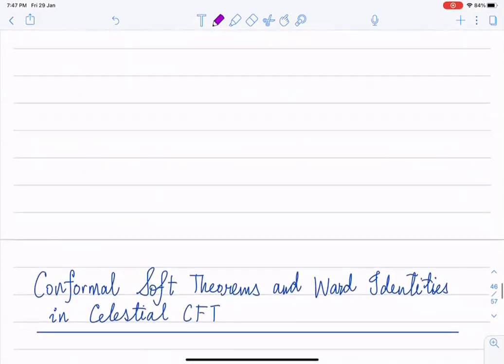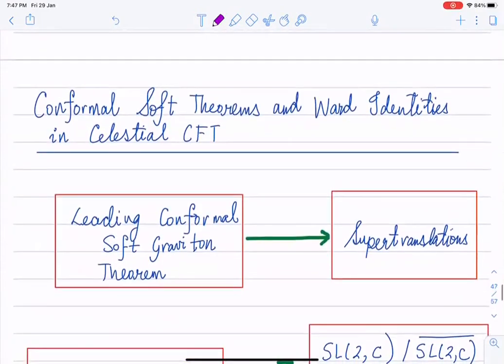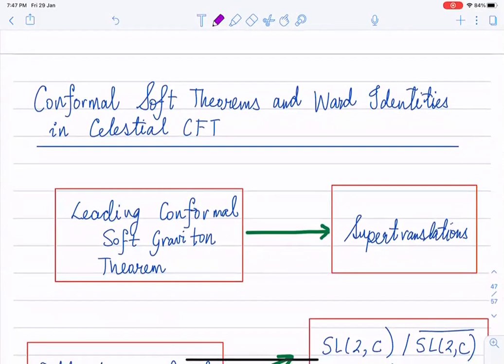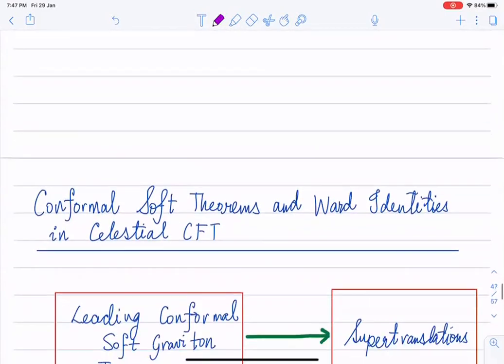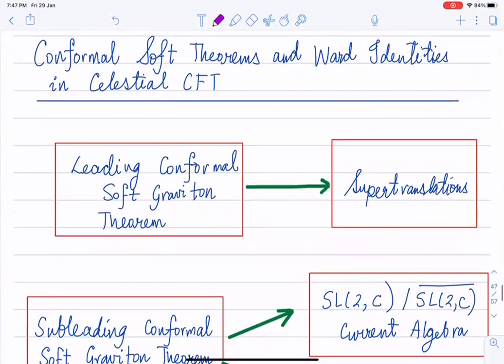Okay, great. So before telling a bit more about the operator product expansion in celestial CFT, let's just summarize what we have done so far. What we have learned is that these conformal soft theorems can be interpreted as Ward identities in the celestial CFT.